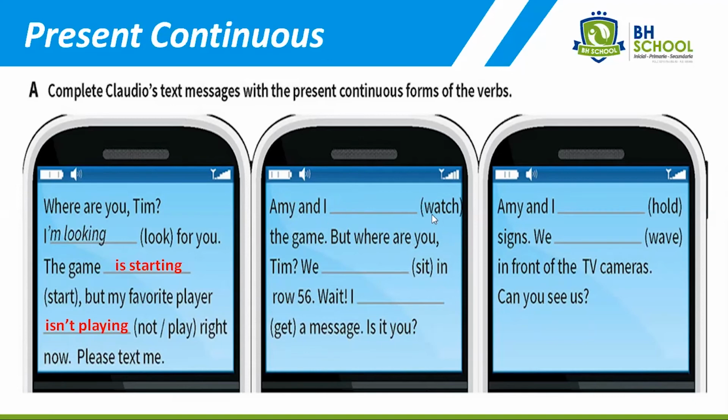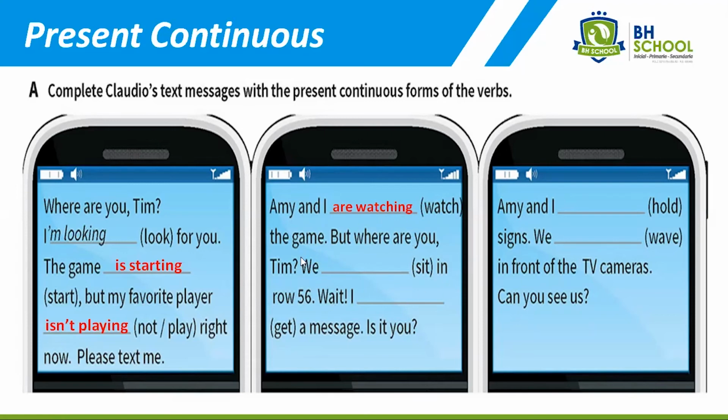So, our verb is watch. What happened with watch? What do we have to do? Yes, we have to add ing. So what is the correct answer here? Are watching.